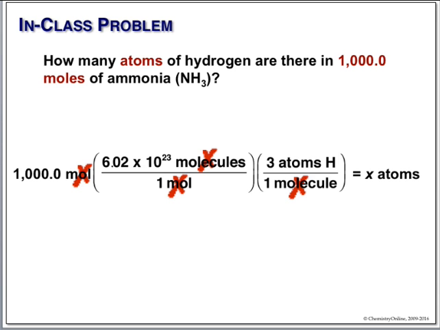If you have your calculator out, you can play along. You should get about 1.81 times 10 to the 27. All right, so this is a very classic sort of question. Let's go ahead and look at another problem.